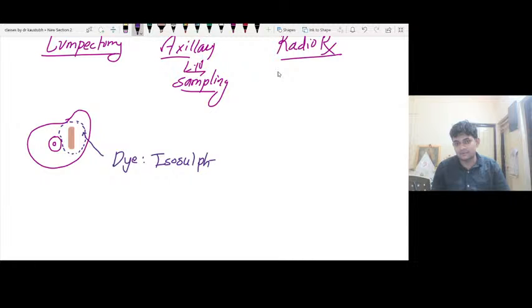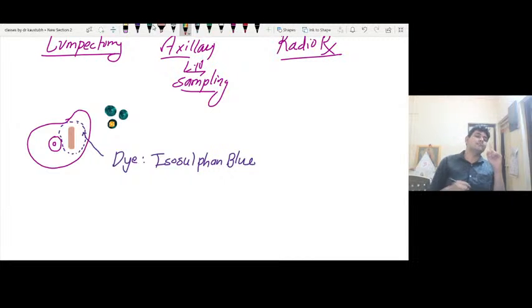Now imagine this is a lymph node, this is a lymph node, this is a lymph node, but out of these lymph nodes, I saw that there is one lymph node which has taken up this dye. This first lymph node in the axilla which has taken up this dye will be called a sentinel lymph node, right?